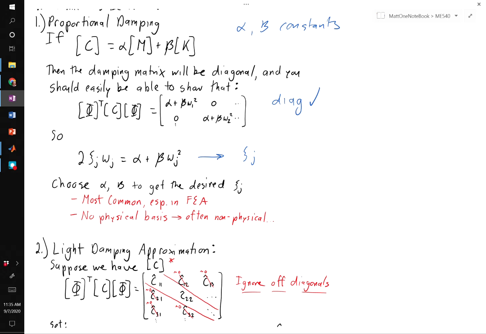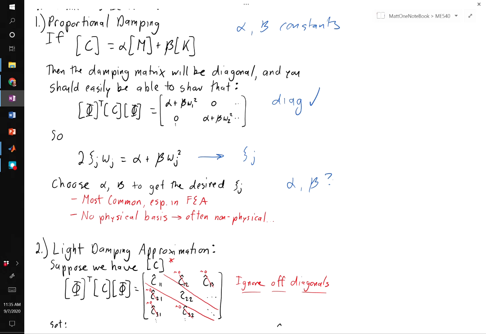There's no reason that the damping should always be mass proportional or stiffness proportional. There are some special cases, actually material damping that we talk about later might often be stiffness proportional. But it doesn't have a strong physical basis, and so that's one downside there. And from first principles, we usually can't figure out alpha and beta. So we're usually having to fit those to some data or something.